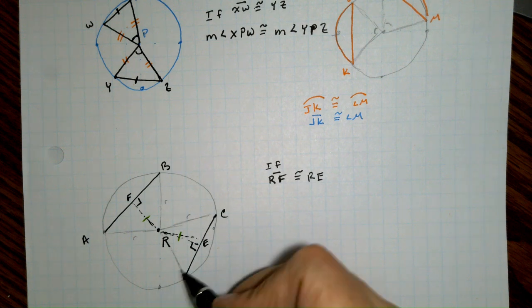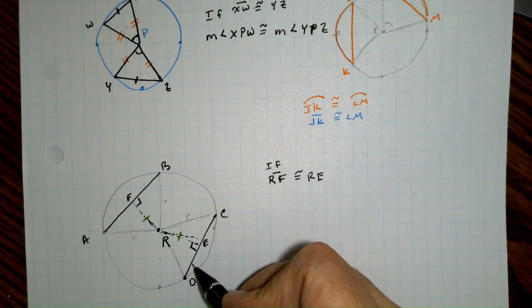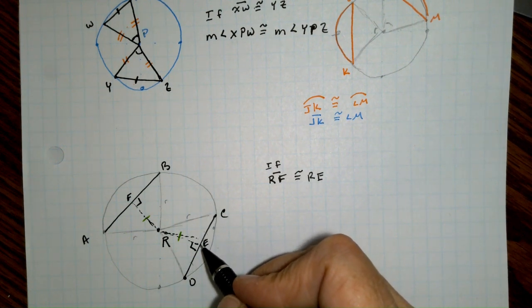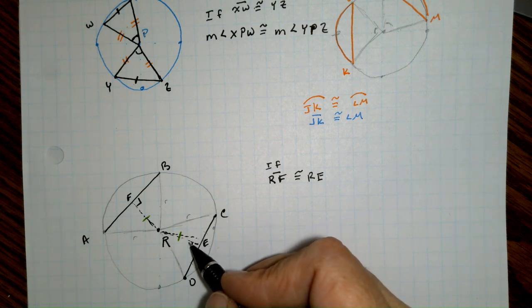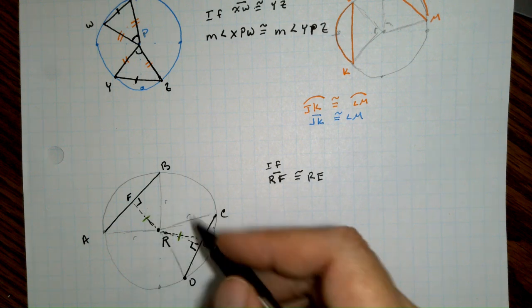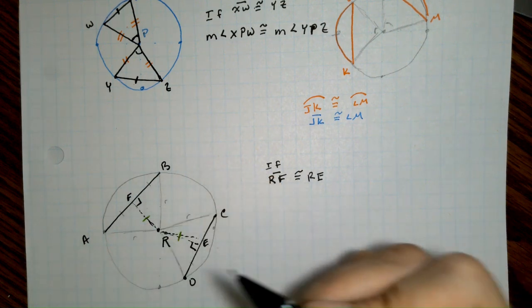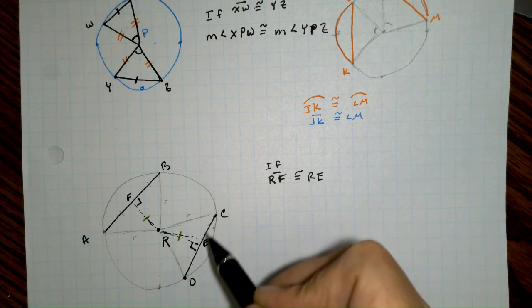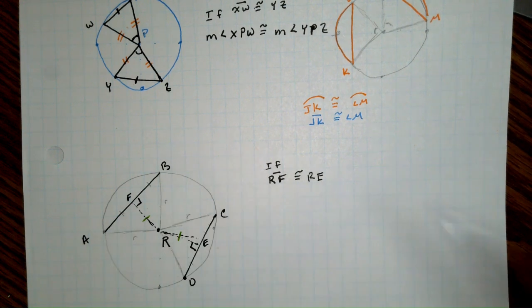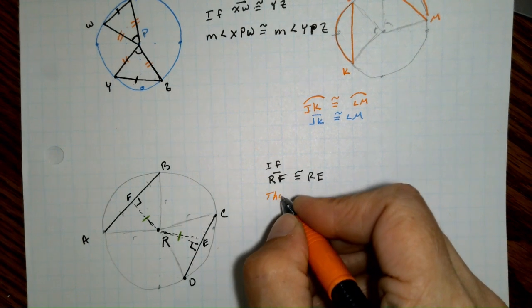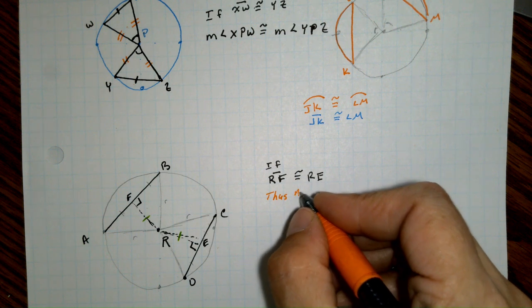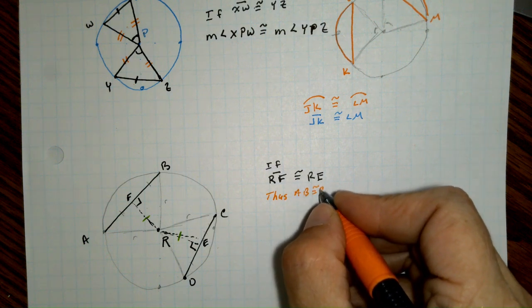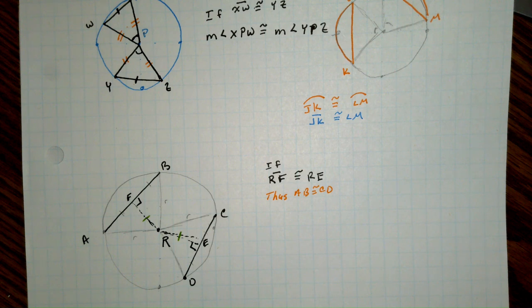Okay, and then by hypotenuse leg, this would be congruent to this. Also by hypotenuse leg, because they share a hypotenuse, they share a leg, this would be congruent to this. So all four of these little segments are congruent, making CD and AB both congruent.